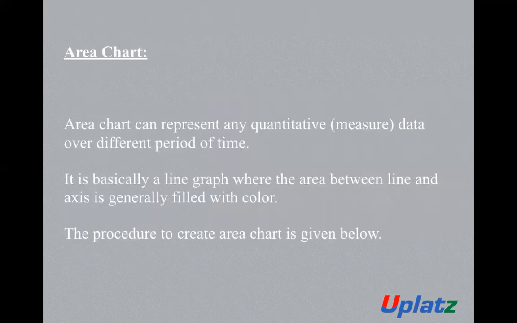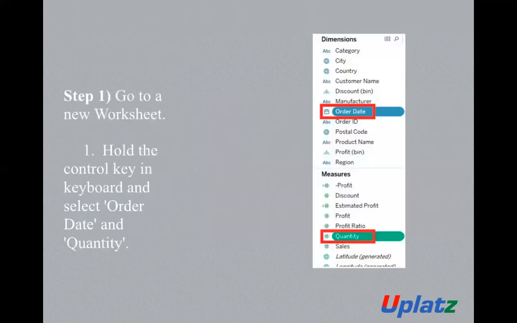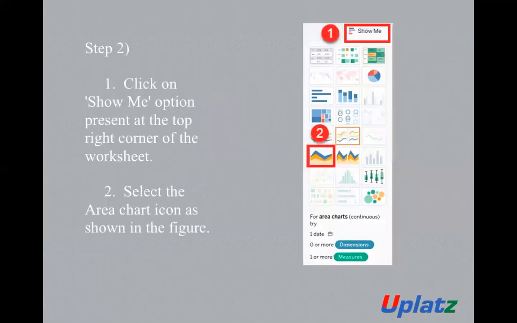Now, your area chart can represent any quantitative measure or data over different periods of time. It is basically a line graph where the area between the line and axes is generally filled with color. So it's kind of an area. You select, for example, order date, and based on the order date, we would like to see the area of the quantity.